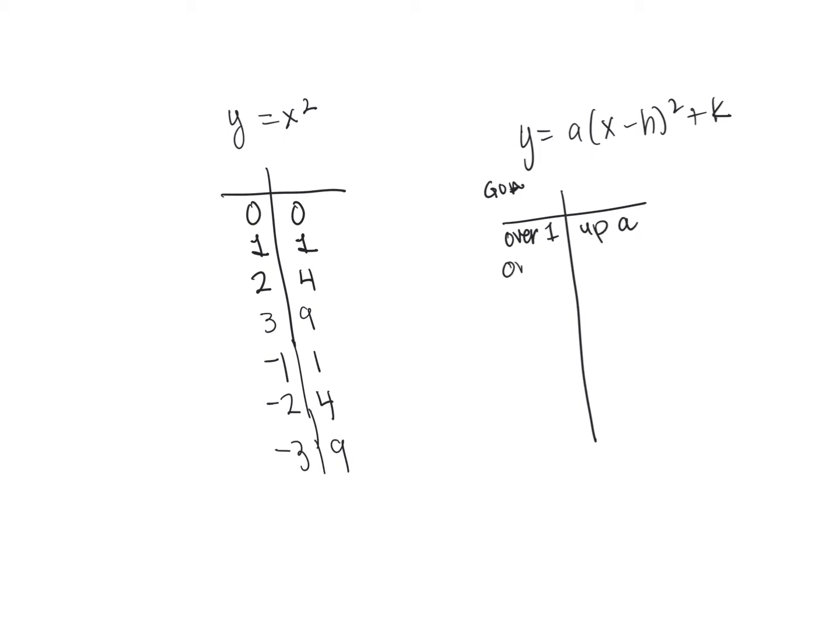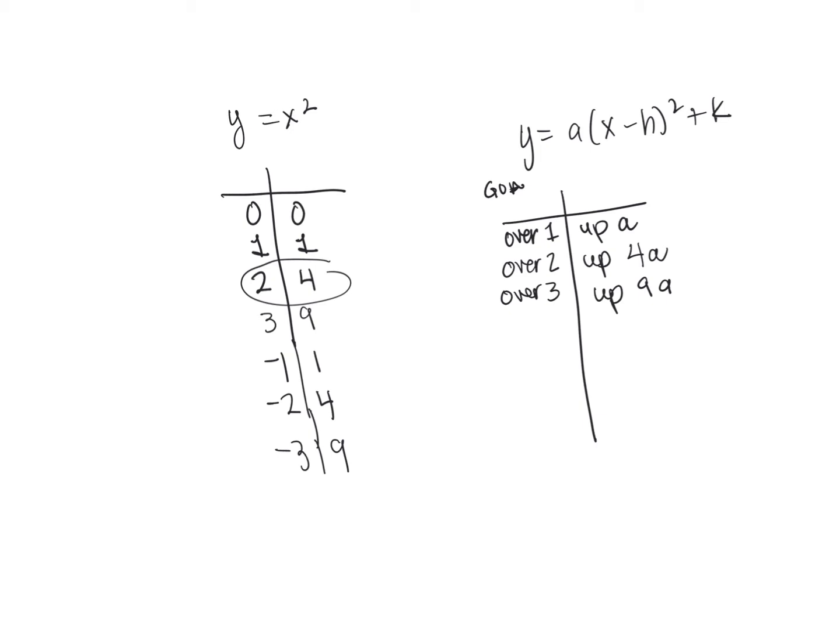Go over 2, now 2 squared is 4, go up 4 times a. Go over 3 from the vertex, go up 9 times a.